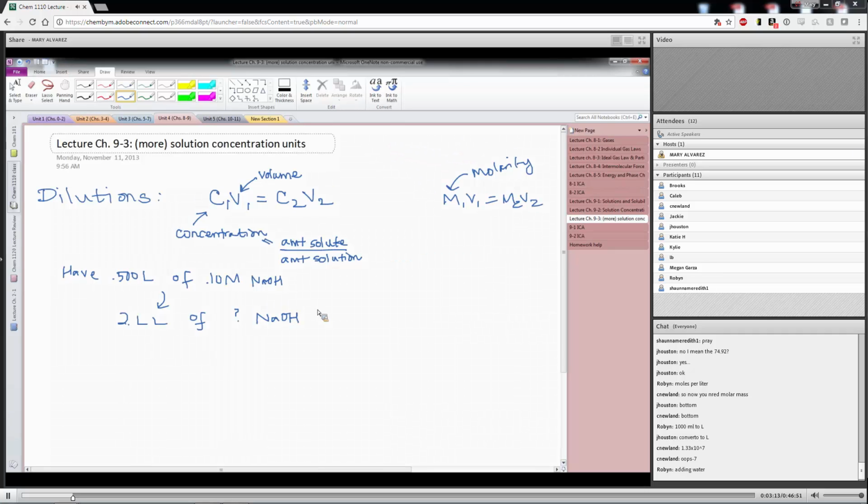How would I set this up to solve what my new concentration is going to be? 2.5 liters. Thank you, Candace.